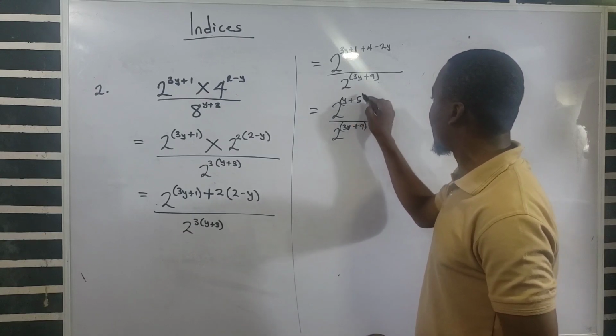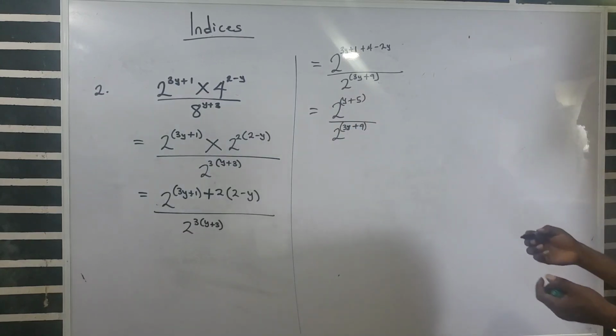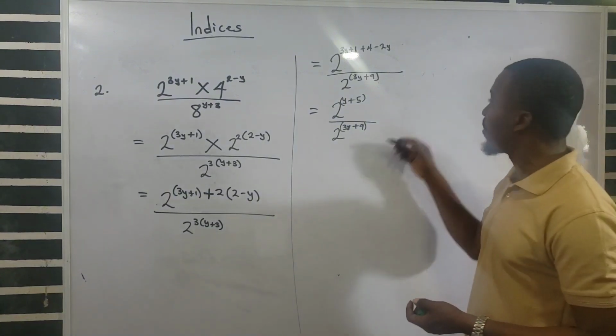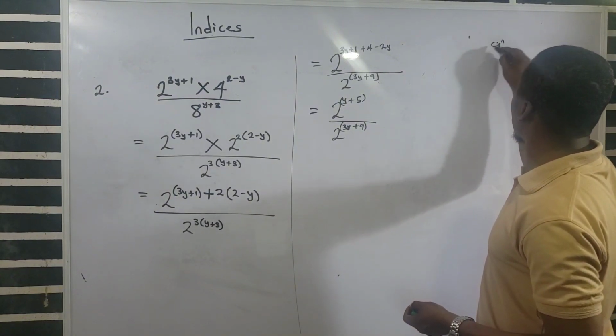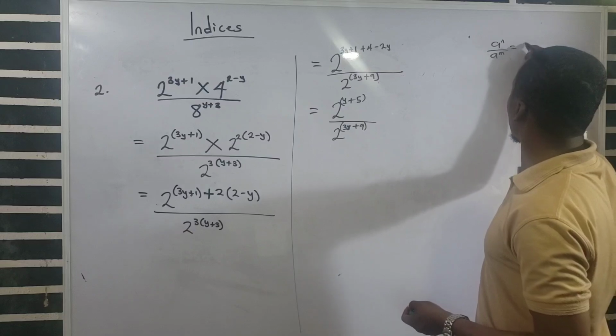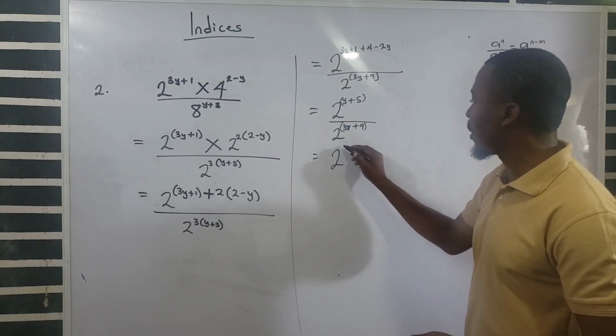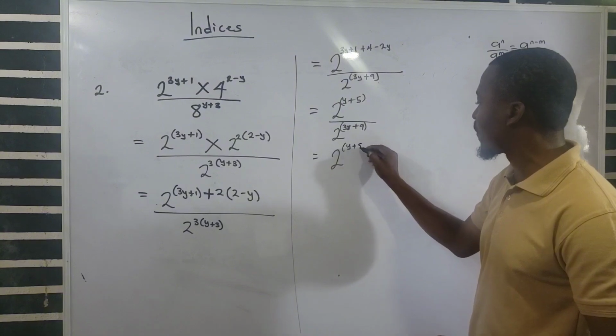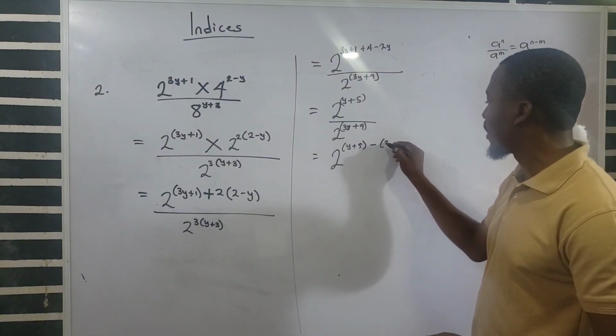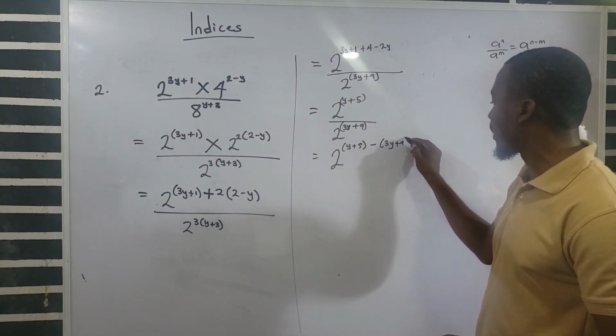So I can put all these in bracket also. So you can bring it up now. When you bring it up, remember an over am will give you an minus m. So that will give you 2 into y plus 5 minus 3y plus 9.